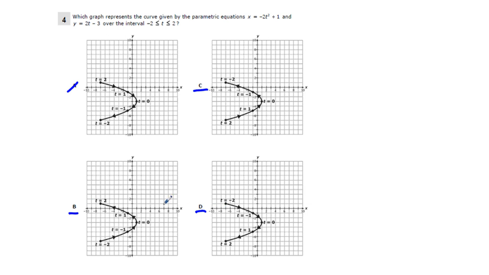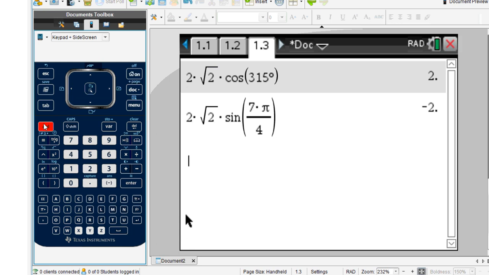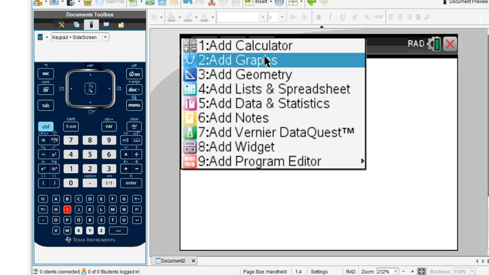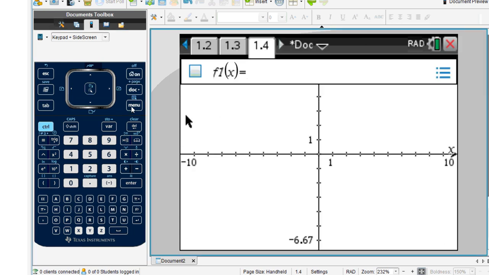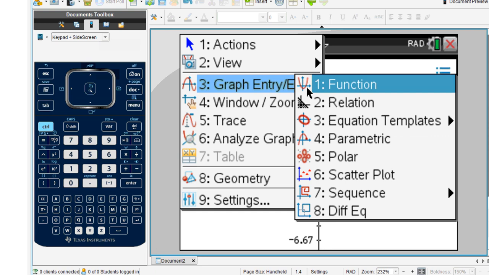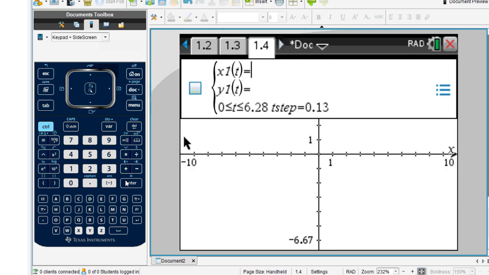So really we're between B and D. So let's check out what they are here. We go to our calculator and Control I. We're going to add graph, menu 3, 4, parametric. We're going to put in negative 2t squared plus 1. So that's x equals negative 2t squared plus 1.